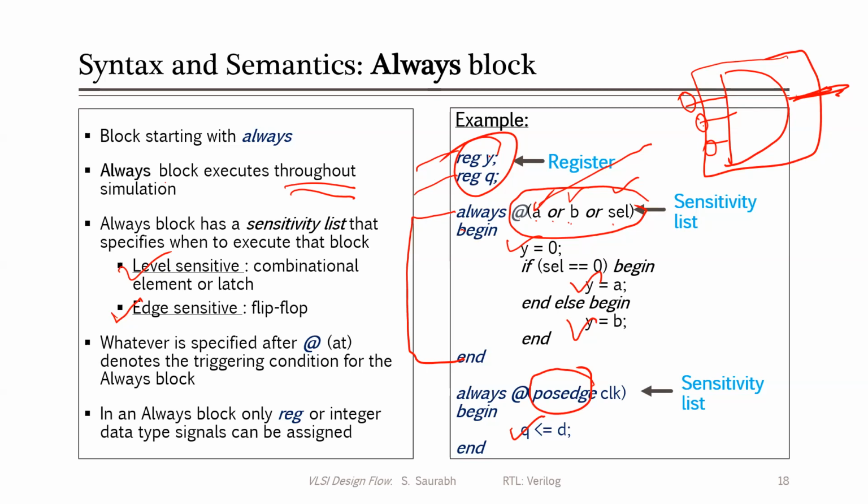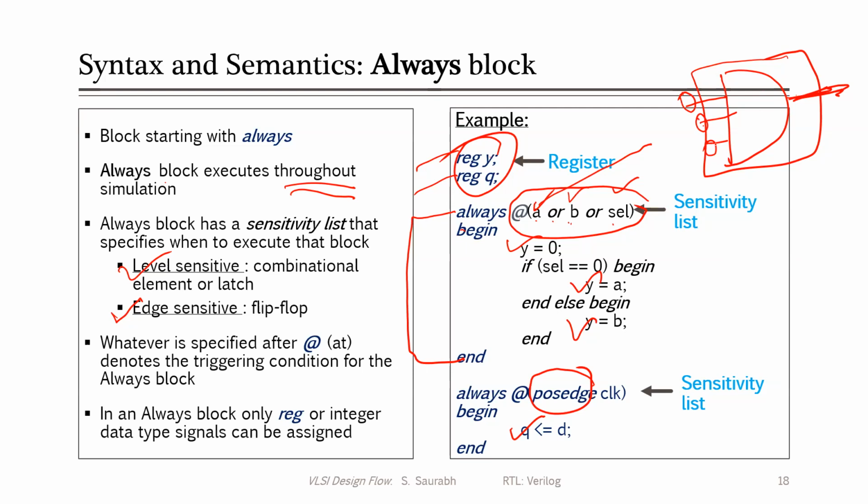Okay, so there is a kind of statement known as the always block that is supported in Verilog. What is the meaning of the always block? It contains code which needs to be executed throughout the simulation. For example, if you have an AND gate, the value of the output will be changing whenever the input is changing.